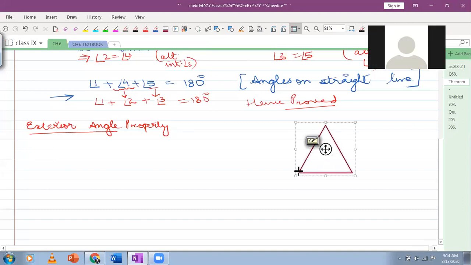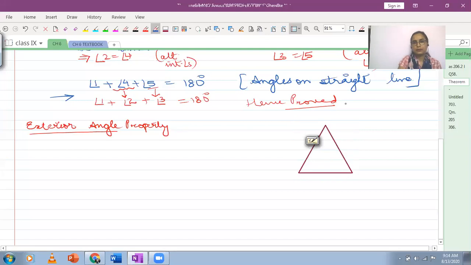So let us say we have a triangle. Let's name it A, B, and C. The vertices are A, B, C. An exterior angle of a triangle is formed when any one side is produced.